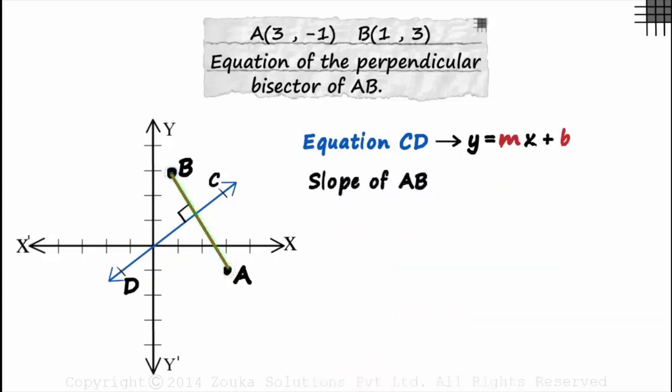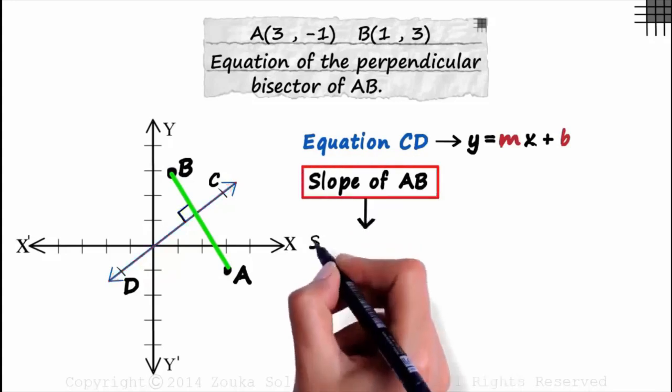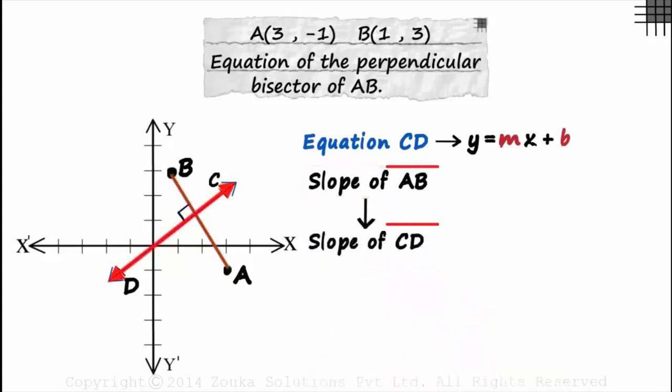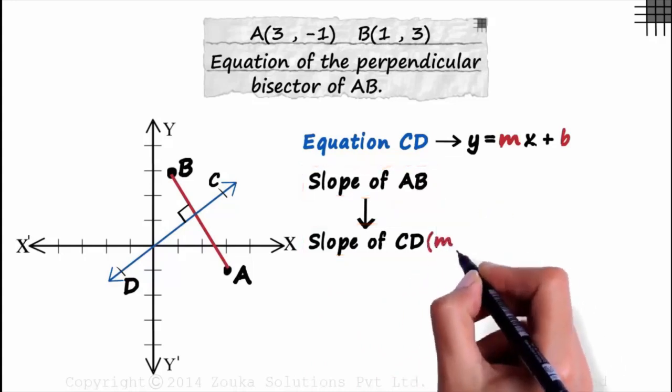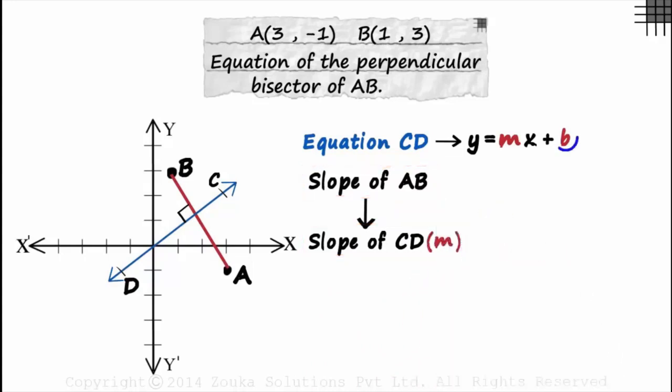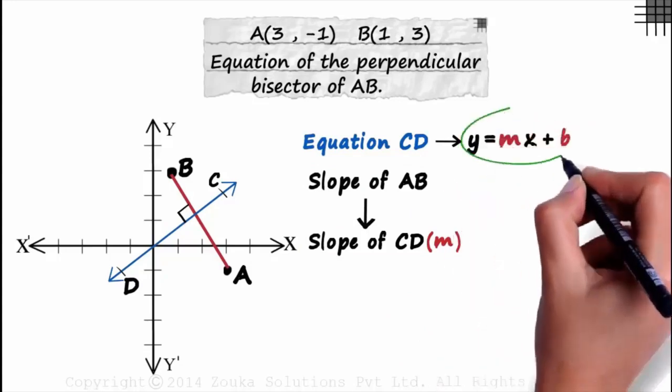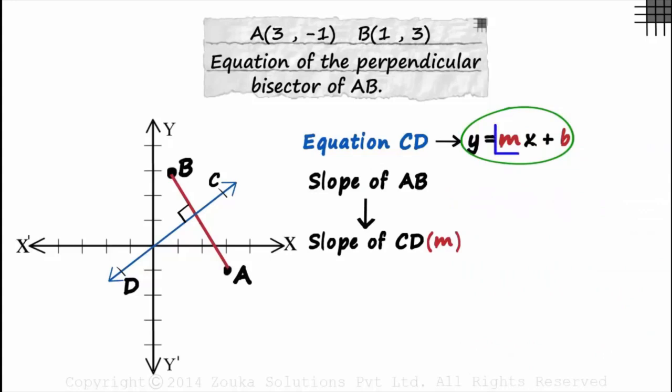Before we find the slope of CD, we should know the slope of AB. The slope of CD is the negative reciprocal of the slope of AB.